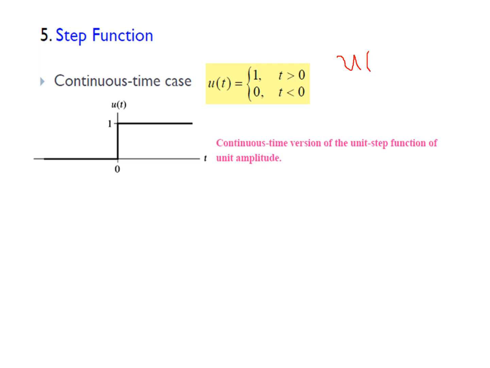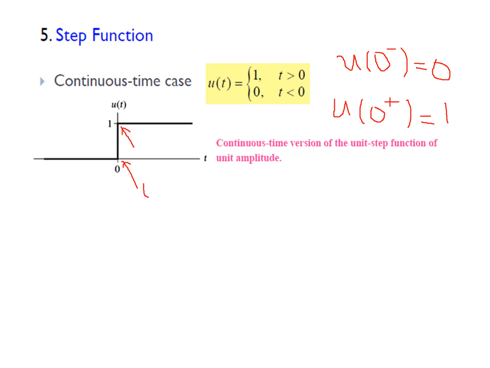u at 0 minus is equal to 0. u at 0 plus is equal to 1. That is, u at 0 minus means this instant, u at 0 plus is this instant.